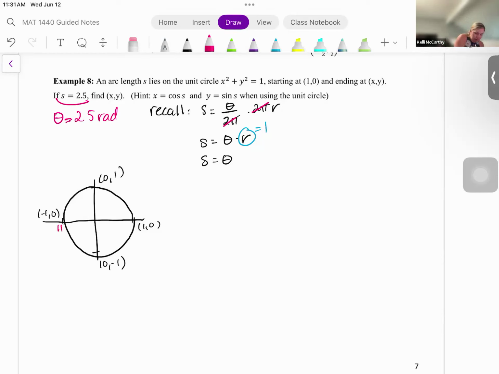We know that our negative x-axis, that point (negative 1, 0), is pi radians. Pi is approximately 3.14 radians, which means 2.5 is going to be a little bit less than that. We could also further explain that the positive y-axis is pi over 2, and pi over 2 is approximately 1.57. So 2.5 is going to be between those two values.